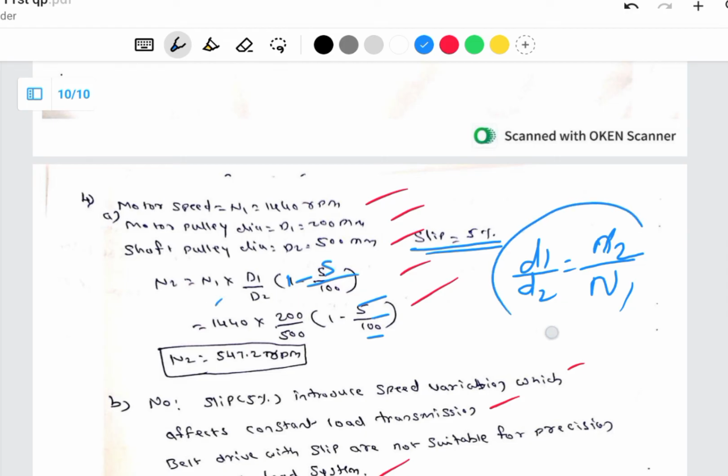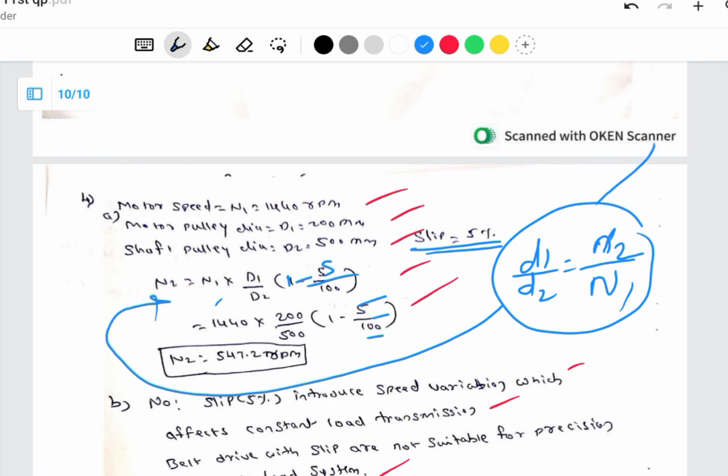So this is the conversion. This one is correct, and you have to correct the formula as required.